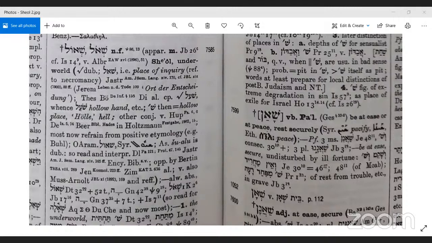It was not understood to be a place of punishment, but simply an ultimate resting place of all mankind. And we just read that in Genesis 37, 35. Okay. So hell was not and is not a place of fiery punishment or any kind of punishment.